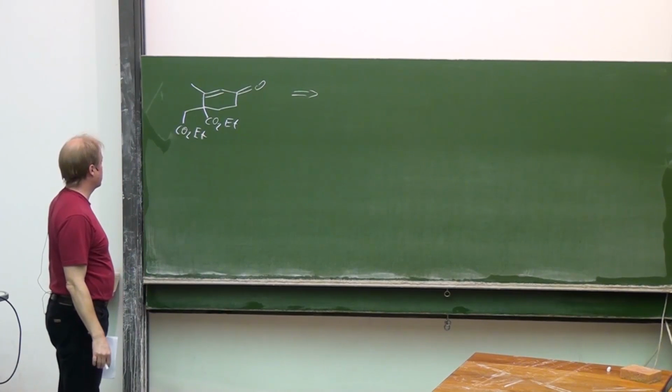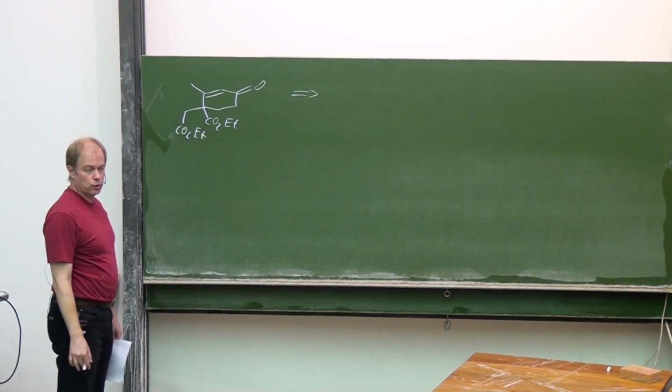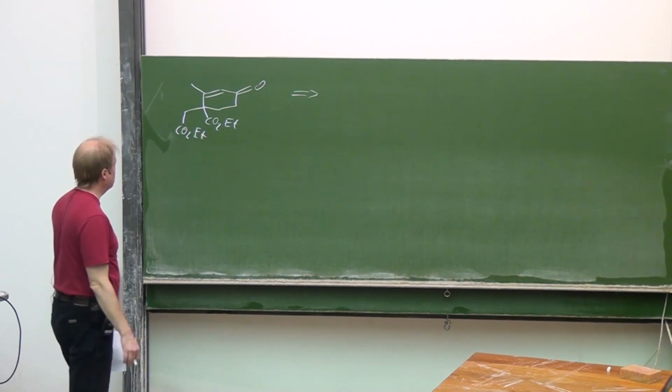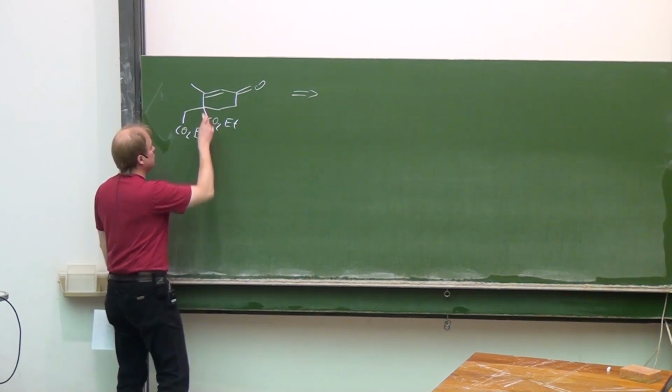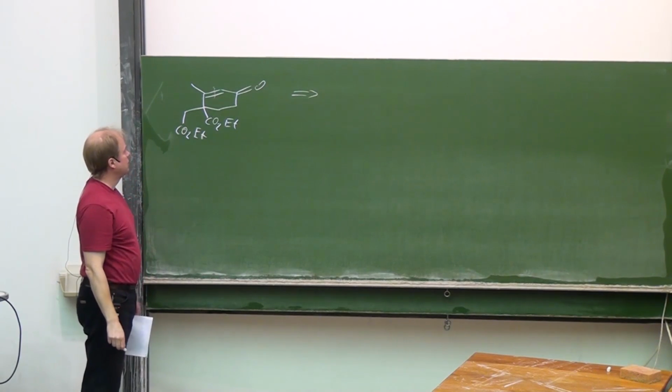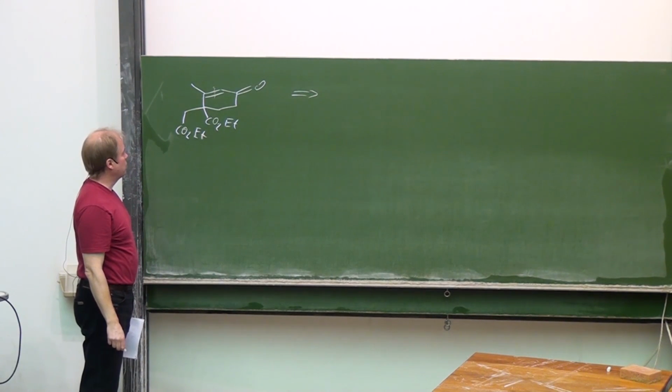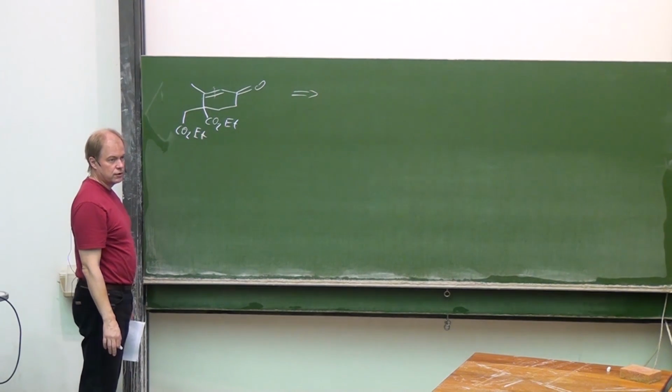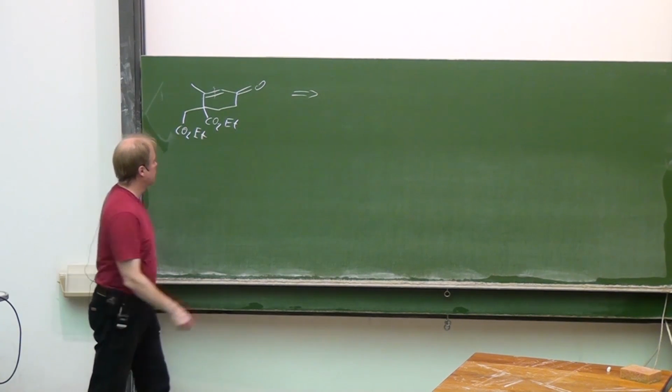So, let us look for strategic bonds, and clearly here this double bond of the alpha-beta unsaturated carbonyl compound is a strategic bond, since these bonds are easily synthesized by aldol condensation.